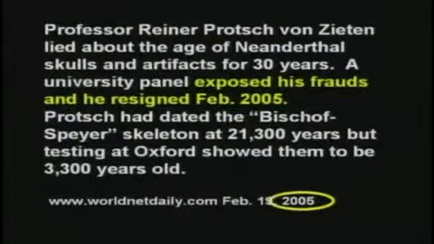Professor Rainer Protsch von Zieten, earlier this February of 2005, was resigned from a professor because he'd been lying about carbon dating for years. His frauds were exposed in February of 2005. He had dated the Hahnöfersand skeleton at 21,300 years old, but when they tested him at Oxford, they said it's only 3,300 years old. 700% error.